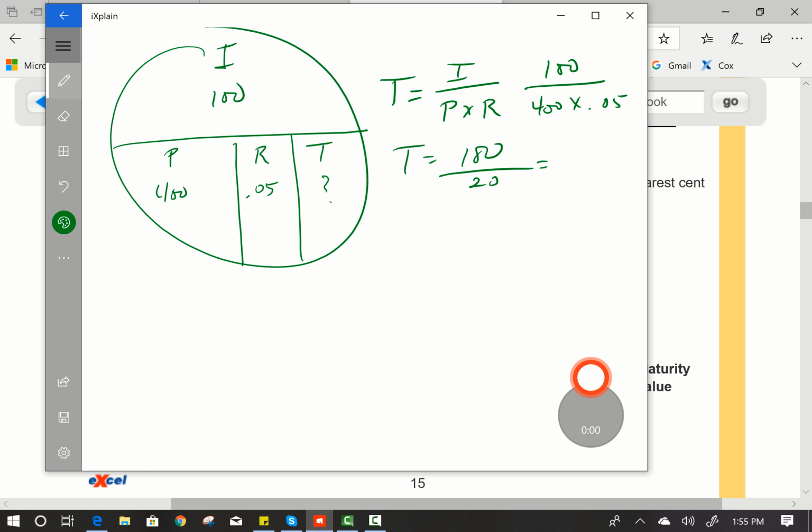Did I do that right? Ooh, never mind. I misread again. This is not 180, that's 100. 100 divided by 20 is equal to 5. So the time is equal to 5 years.